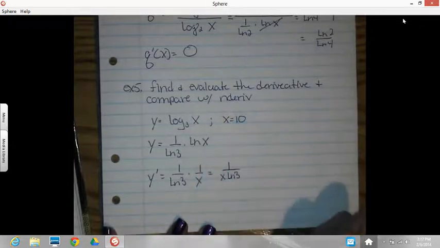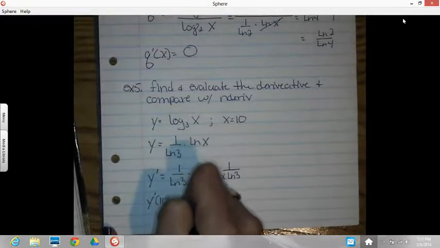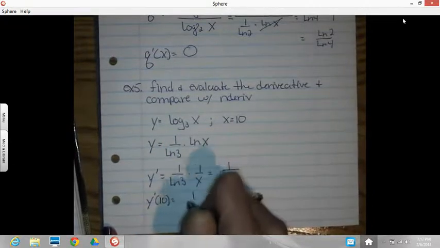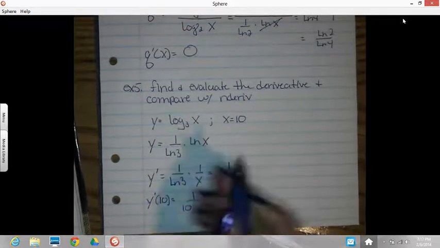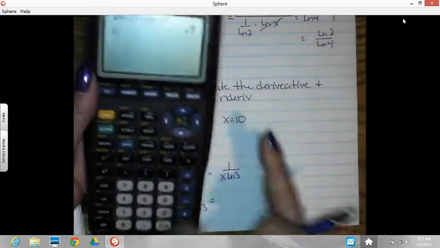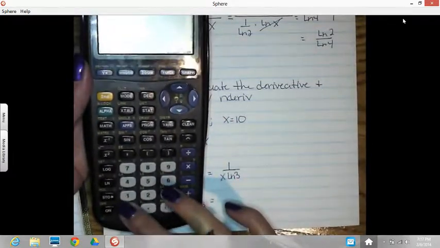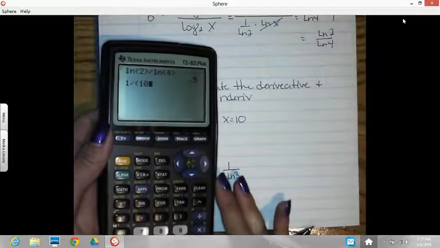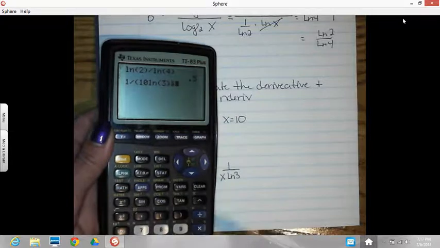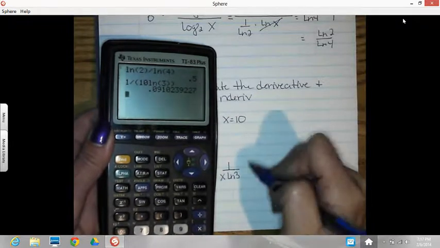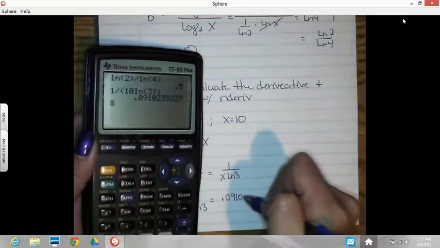And now I can plug the 10 in, y prime at 10. So I get 1 over 10 times the natural log of 3. And then it wants me to evaluate that. So 1 divided by 10 natural log of 3 is about 0.091024.